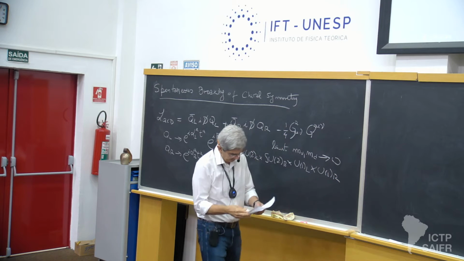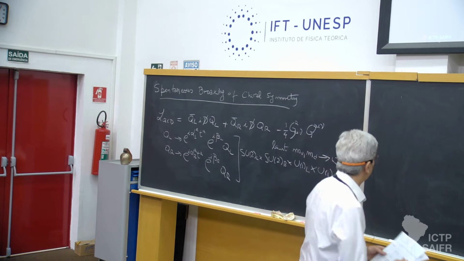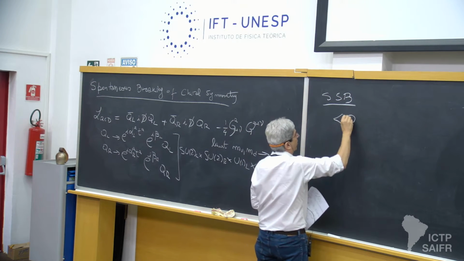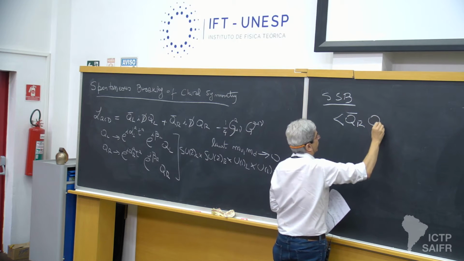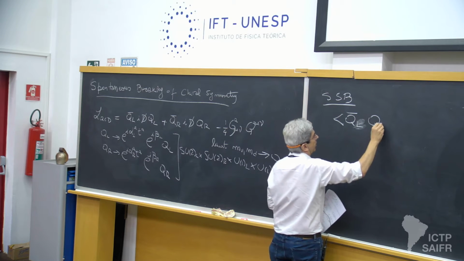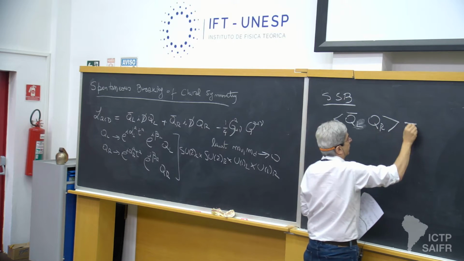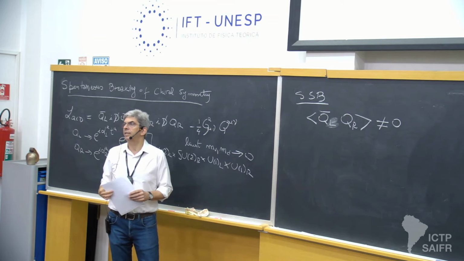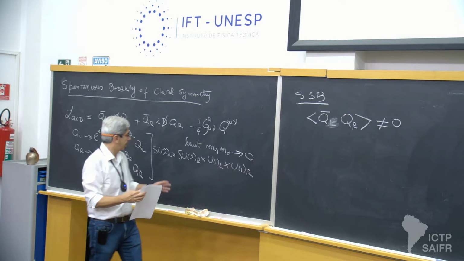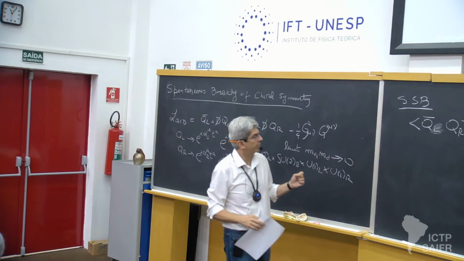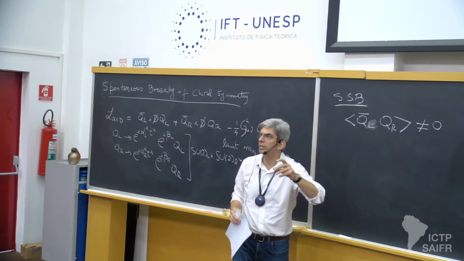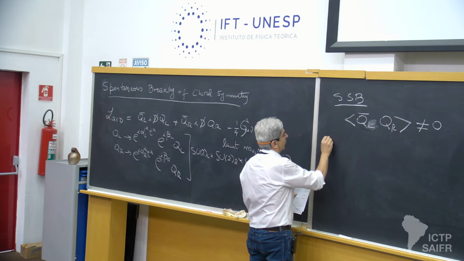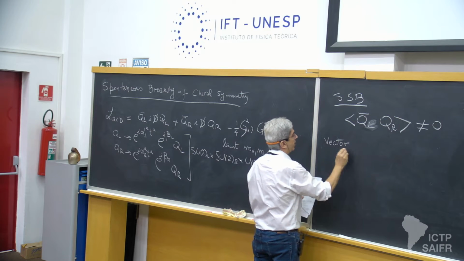Now it's advantageous, if it turns out that the spontaneous symmetry breaking is driven by a condensate like this. Let me just do this one. If this condensate is different from 0, then sure, these left-right symmetries are not conserved, but there is a combination of symmetries that is conserved, which is the vector combination.